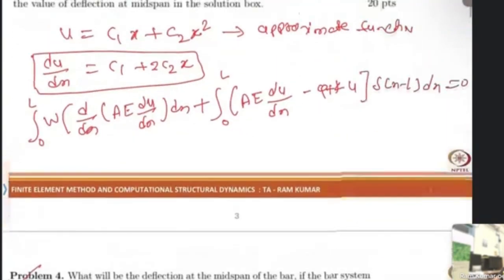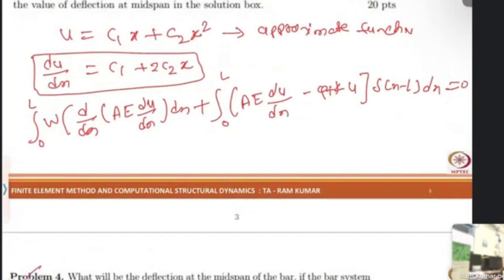This one set we are going to set 0. Now we have to put, but we don't know that weight function. So we are going to assume this weight function equal to x.